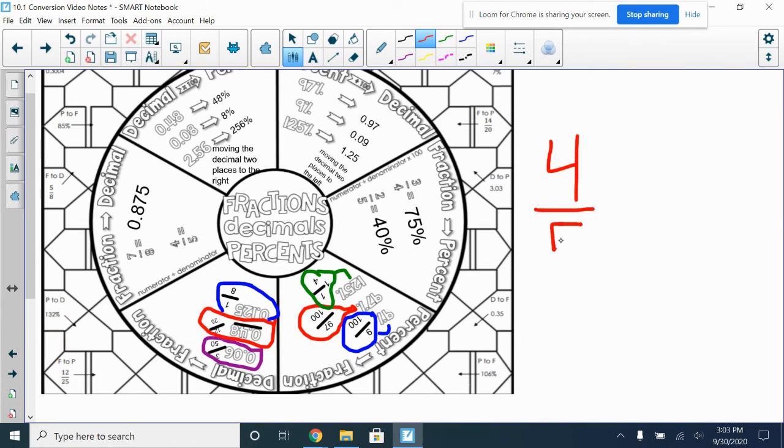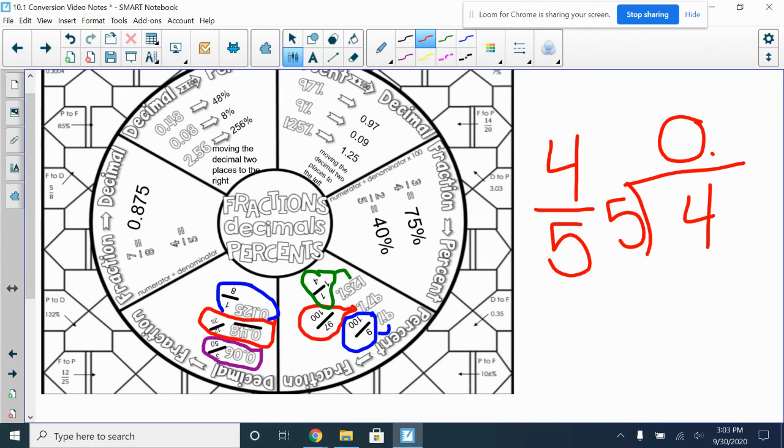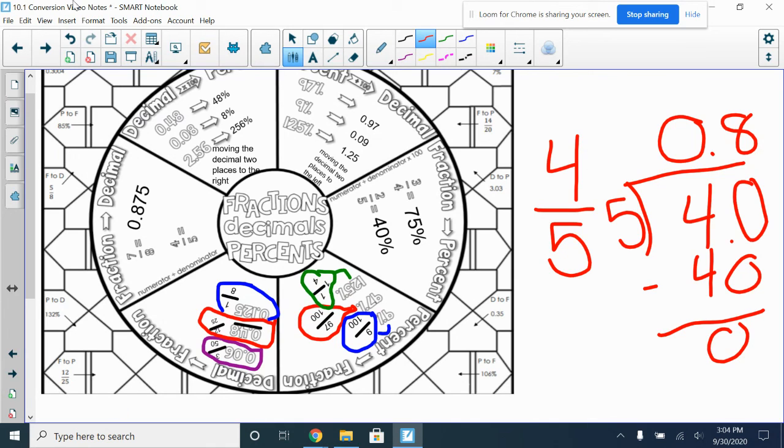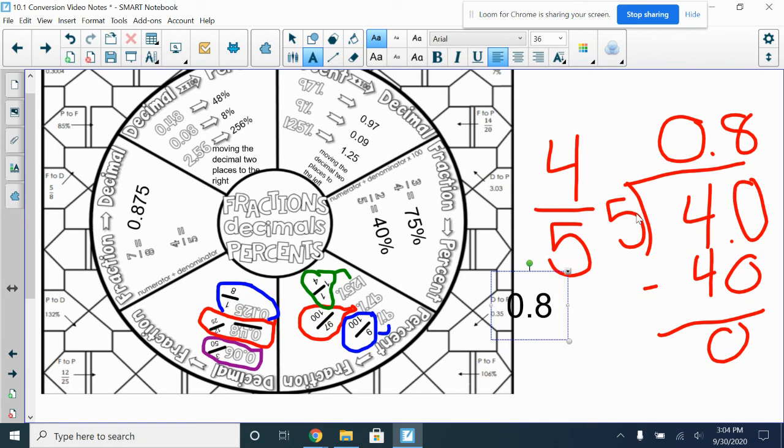So we're going to put our 4 in the house divided by that 5. 5 does not go into 4, so 0 decimal. Bring down a 0. 5 goes into 40 8 times. 40 minus 40 is 0. So we're going to put decimal 0.8. And again, make it smaller. Turn it. And there we go.